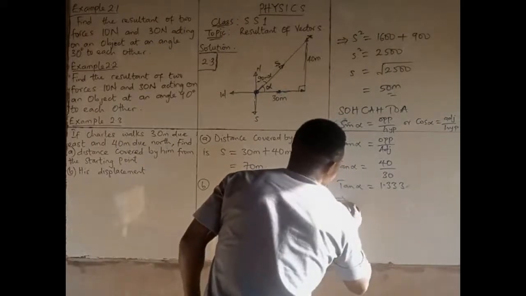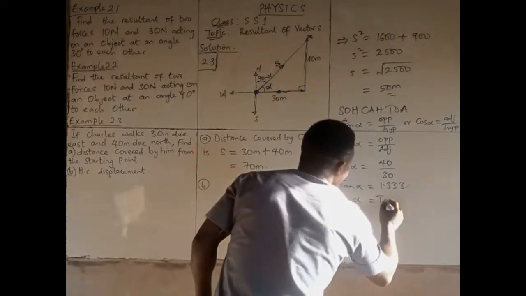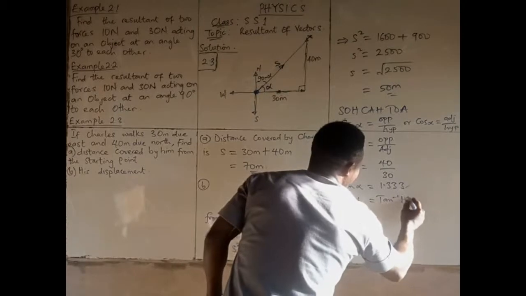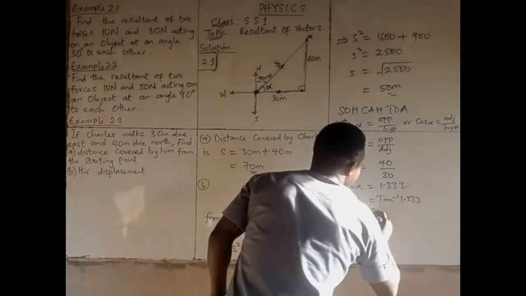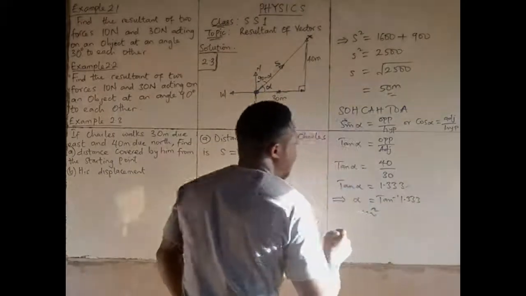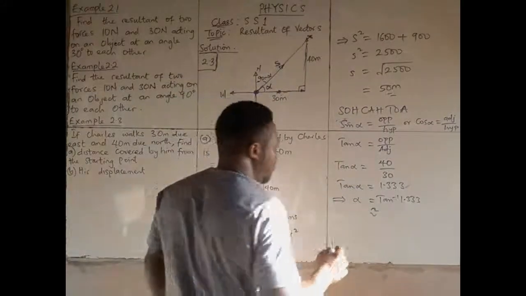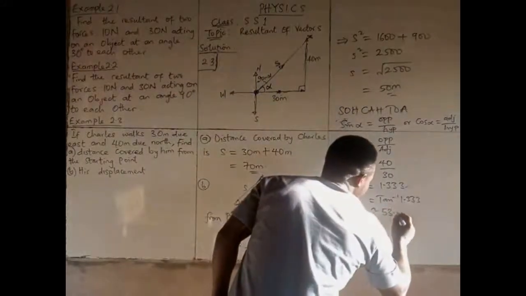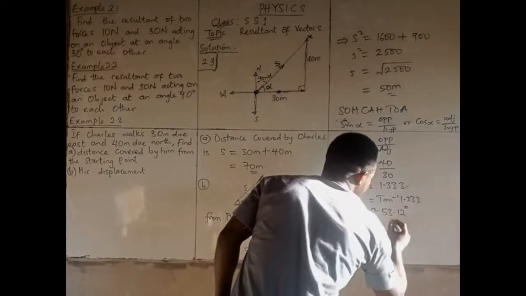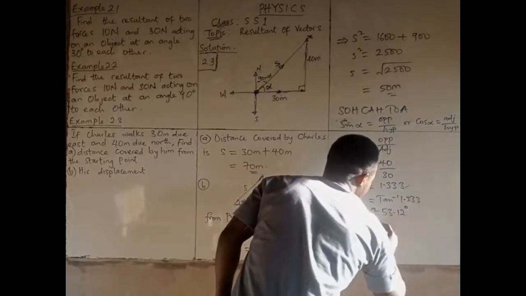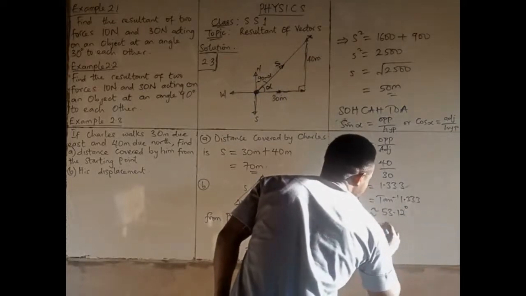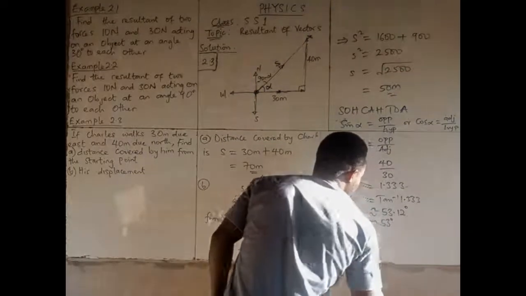It implies that alpha equals tan inverse of 1.333, and that will give us 53.12 degrees, or approximately 53 degrees.